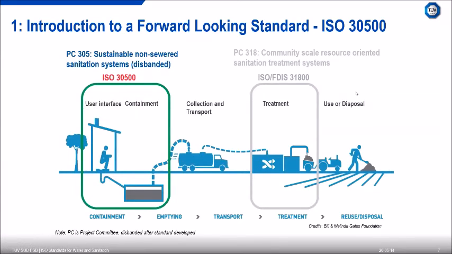Some of you may find this slide familiar, but for the benefit of the rest of the participants, this slide in the green box shows the scope of the standard.